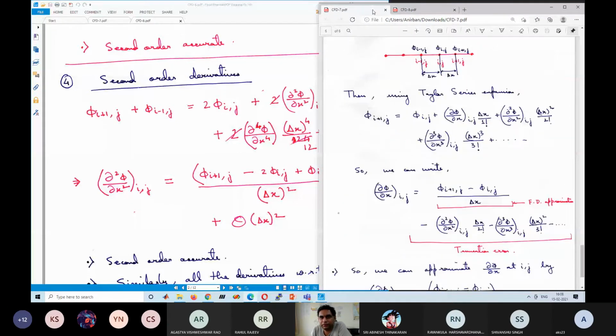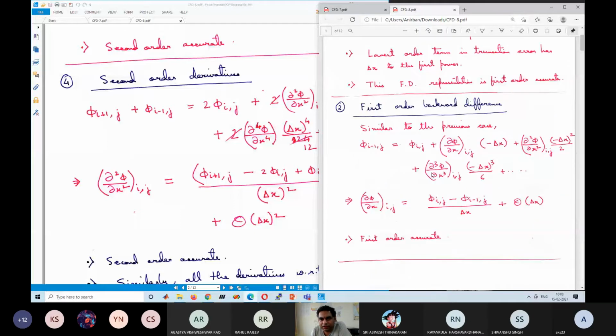Next, the cubic term. The cubic term here is positive, delta x to the power 3. And for the backward difference, the cubic term is negative, minus delta x to the power 3. Wherever we have odd powers, the negative terms will be there. And so all the odd power values will vanish because you are adding them, one positive and one negative will cancel. So this cubic term is not present. So the next term, which will be the fourth order term, will be again present.